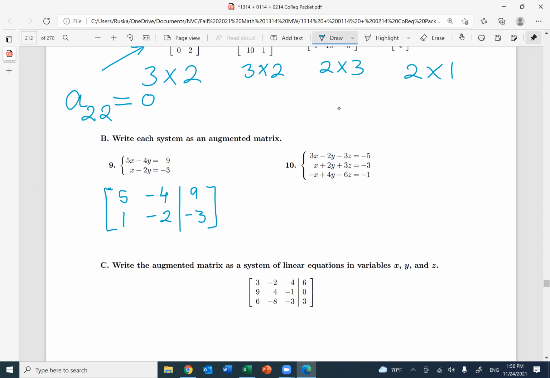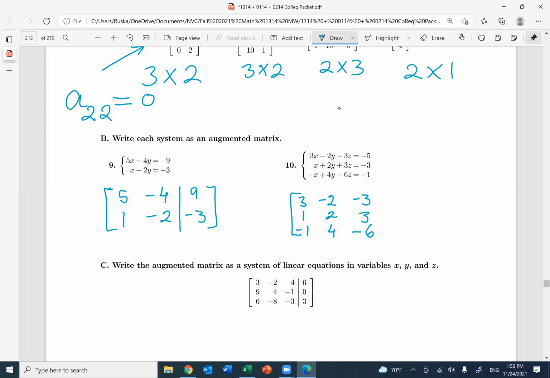We have a system with three equations, so you're going to do the same. The numbers in front of X are going to be 3, 1, and -1. The next column is the numbers in front of Y, so it's going to be -2, 2, and 4. And the next one is the numbers in front of Z. So you have -3, 3, and -6.